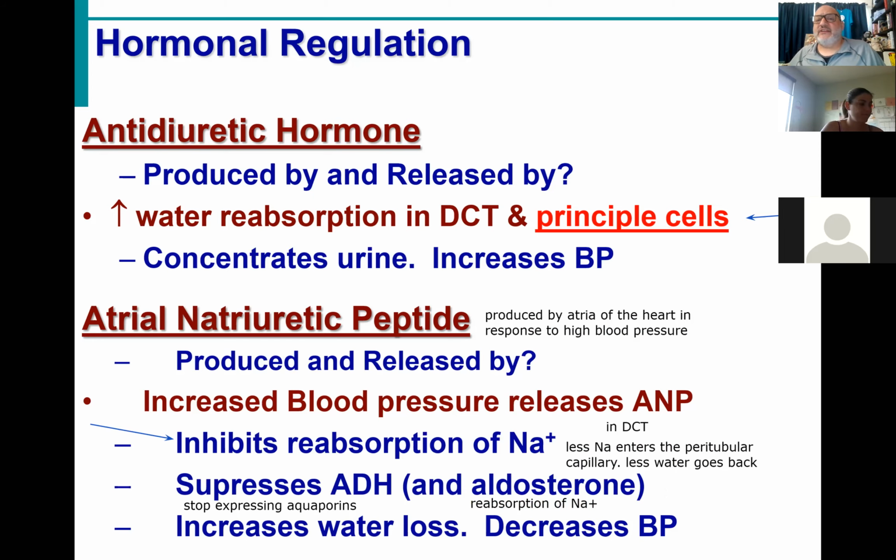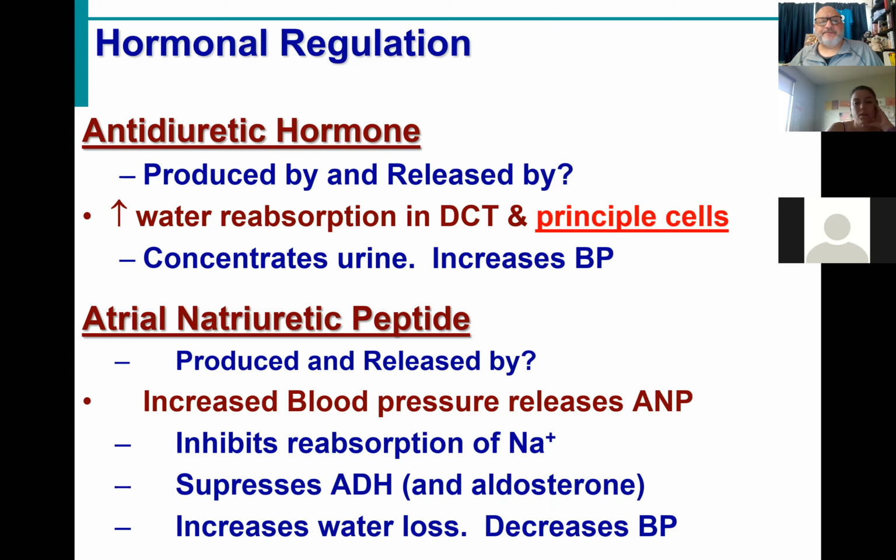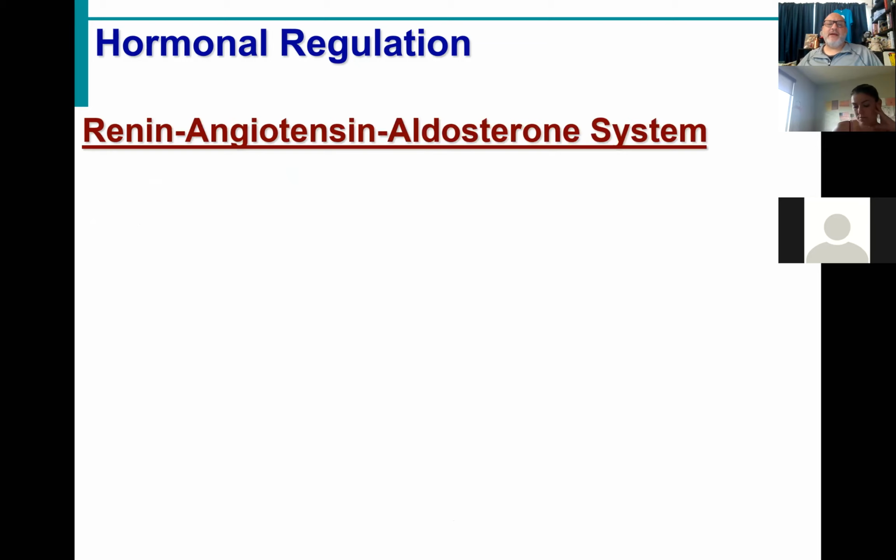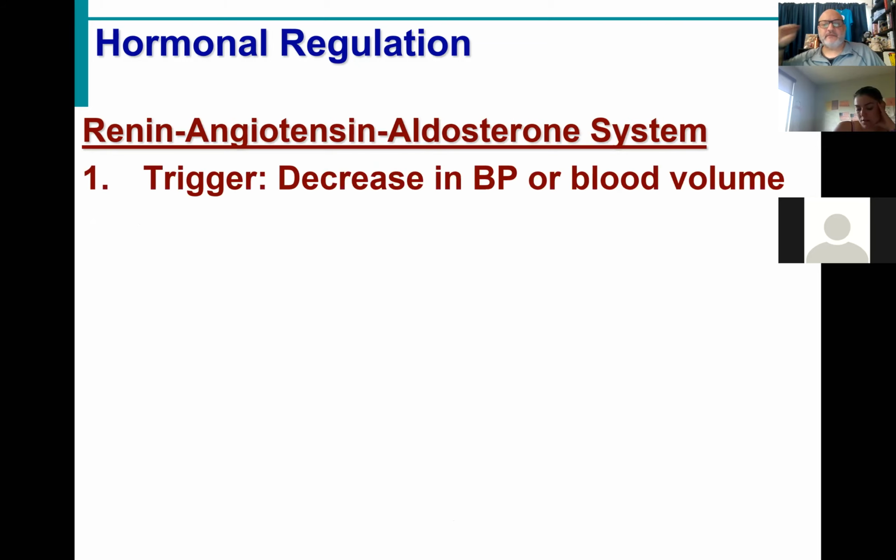So what that leaves us then is the big one. The renin, angiotensin, aldosterone system. Now, the trigger for this is obviously a decrease in blood pressure or volume that is measured in the afferent arteriole. Remember, we already just finished talking about how our afferent arteriole has those stretch receptors.